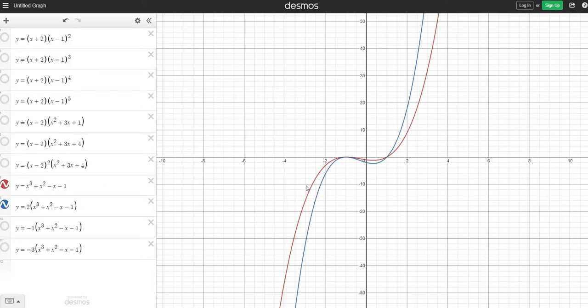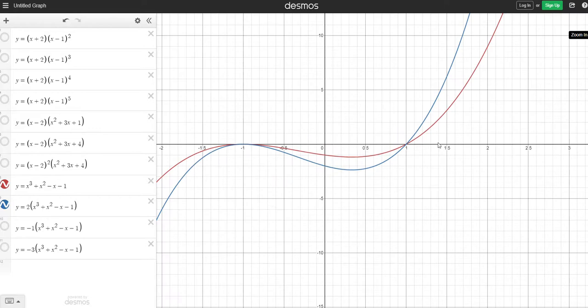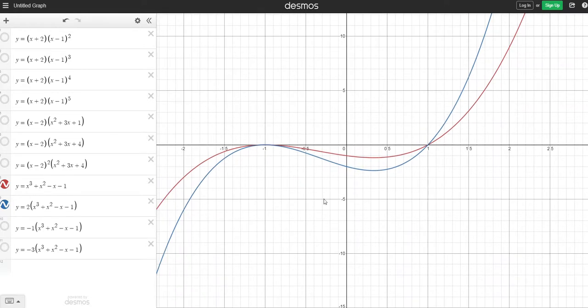I've even shown it factored out right here. And I actually am going to zoom in just a little bit. Okay. The original graph is in red, and then the multiplier of 2 graph is in blue. And again, notice the x-intercepts haven't changed. They're still at plus and minus 1 for both of them. But the blue graph, the one with the multiplier of 2, is being stretched vertically. If I look here at the y-intercept, notice the red graph had a y-intercept of negative 1. The blue graph is exactly double that.